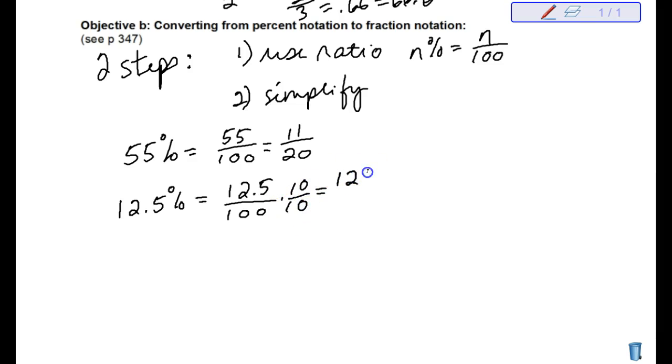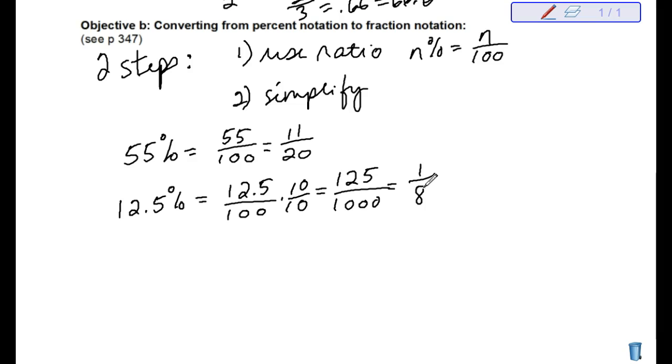So it becomes 125 over 1,000. That will reduce to 1/8. And that's when you might want to use your calculator for the reducing. I don't expect you to do all those by hand. You might want to look in your textbook on page 348. They have example 7 that shows you exactly what to do there.